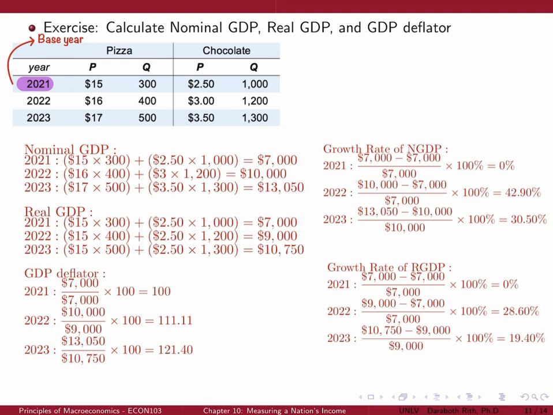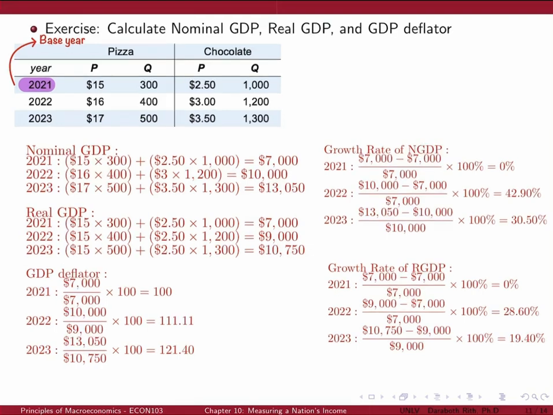GDP deflator, so you take $13,050 divided by $10,750 times 100. That equals 121.40. So the GDP deflator for 2021, 2022, and 2023 are 100, 111.11, and 121.40, respectively.